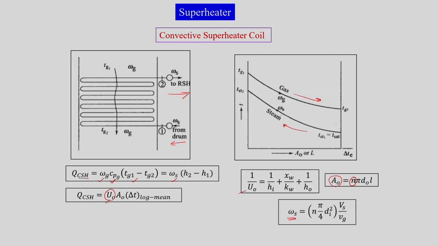This is the mass flow rate of the steam which is going through n number of coils which have d diameters, and we have rho A v as the mass flow rate, where rho is defined as 1 upon v, and v is velocity into area.